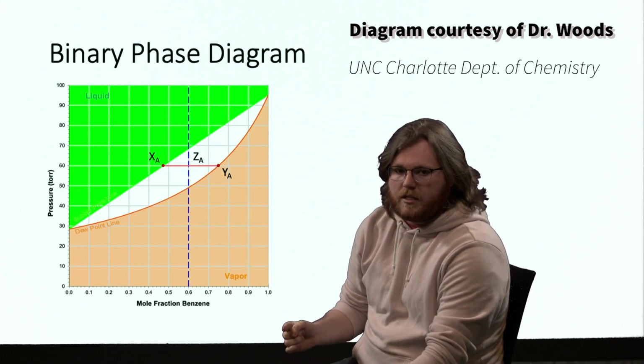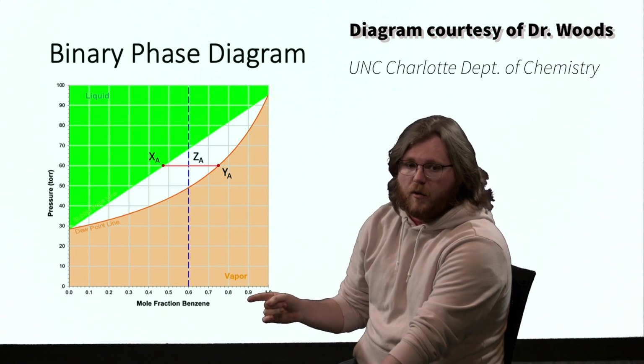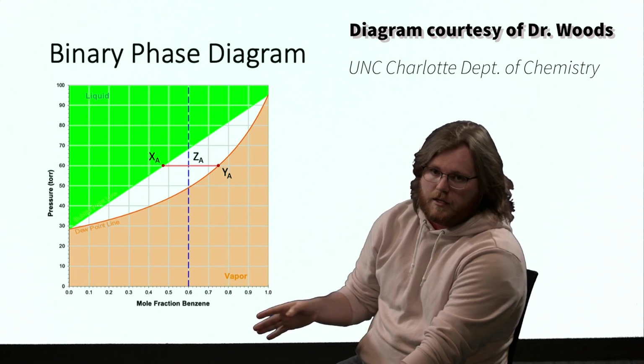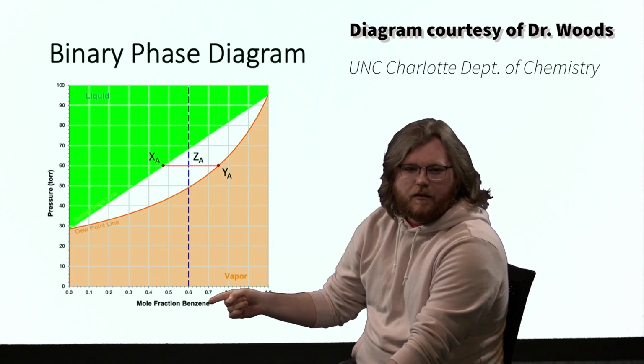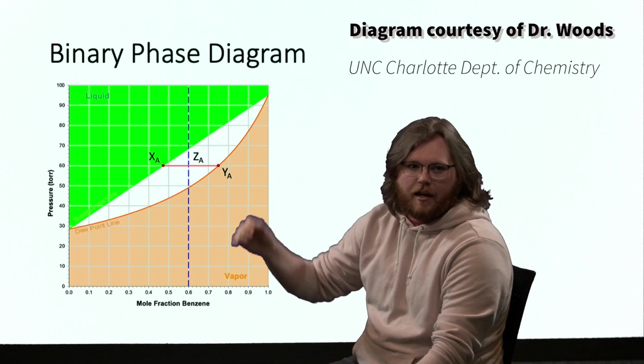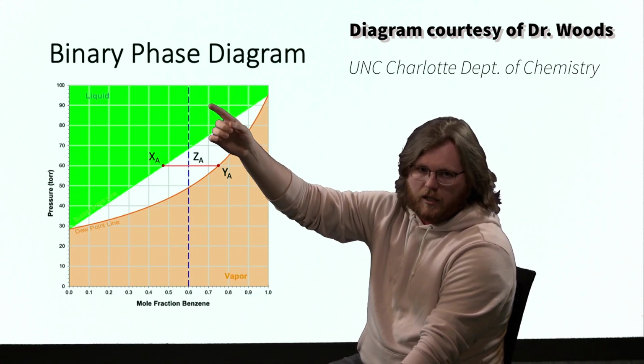Specifically, this is a benzene toluene graph, so this is talking about the mole fraction of benzene, not toluene. So at a mole fraction of 0.6 and a pressure of 100 torr, the whole solution is just going to be liquid.